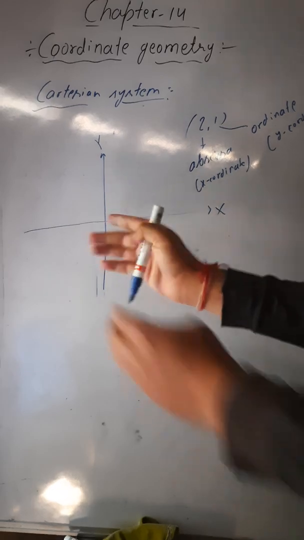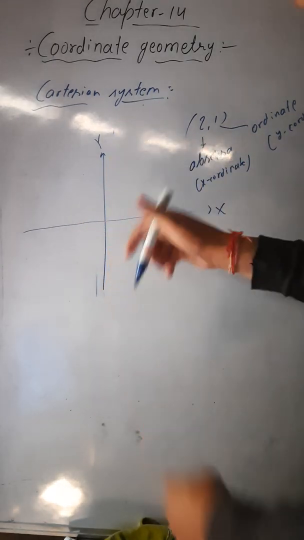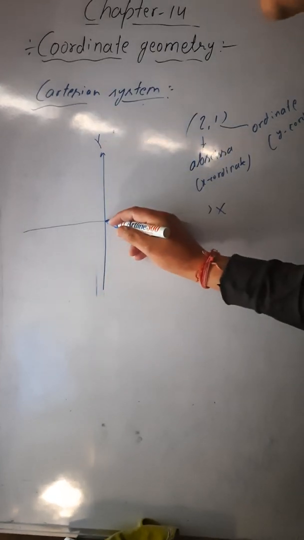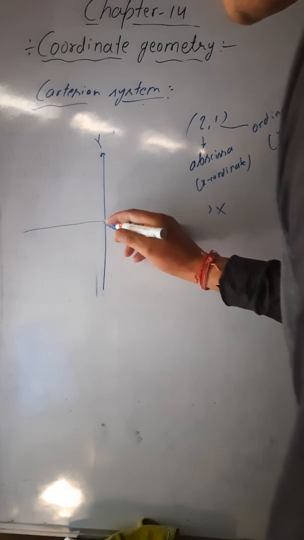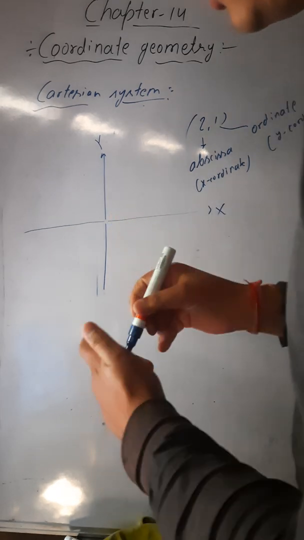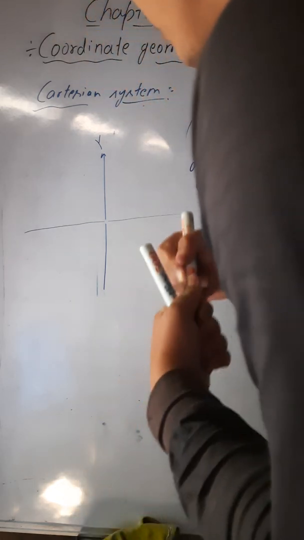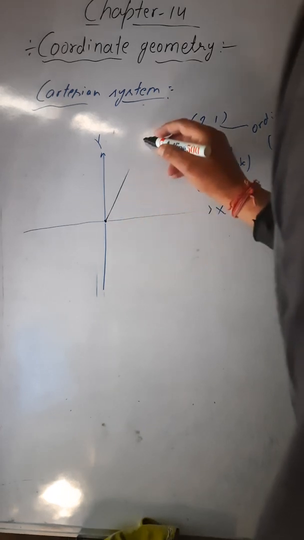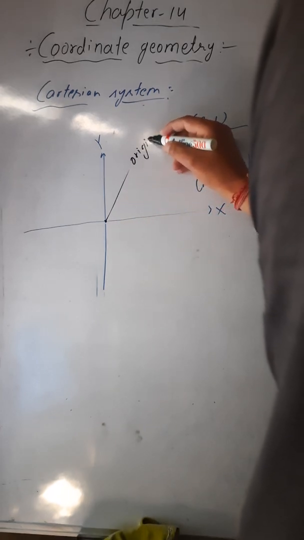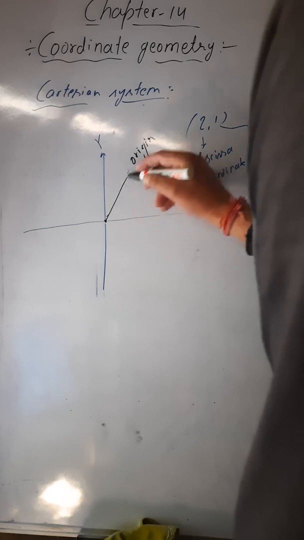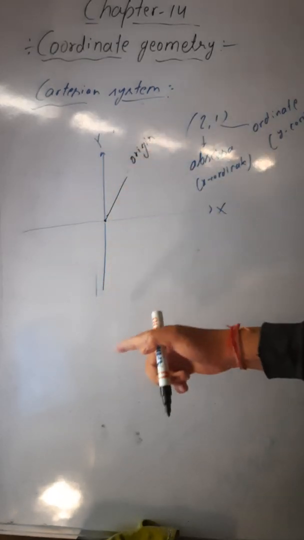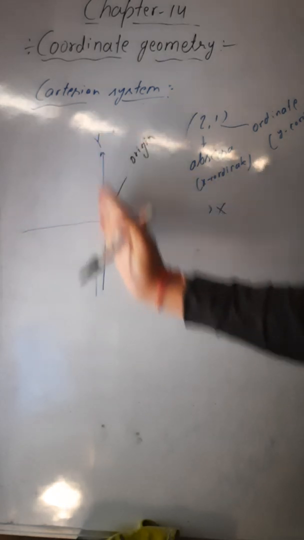Where the x-axis and y-axis intersect each other, this one point, the intersecting point of the x-axis and y-axis, is called the origin. So the origin is the point of intersection of the x-axis and y-axis.